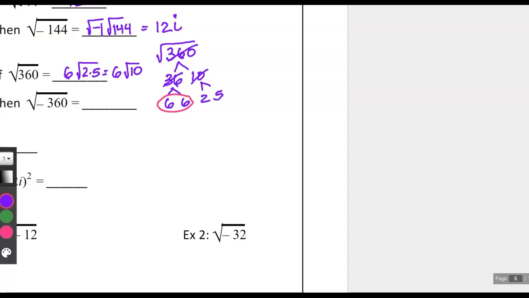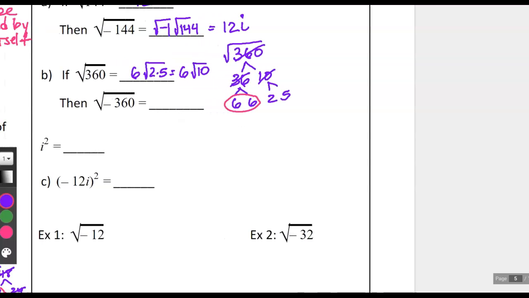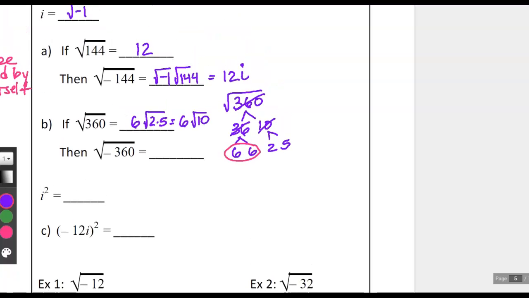Remember, how do we deal with the negative inside the square root? We make the negative an i. So what is our square root of negative 360 going to have in it?